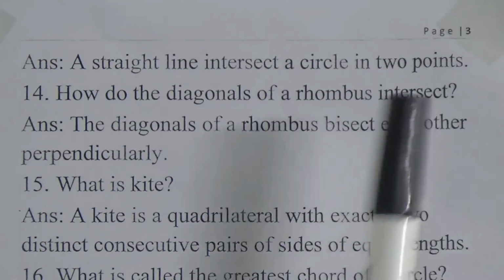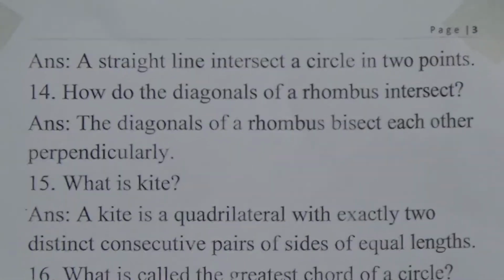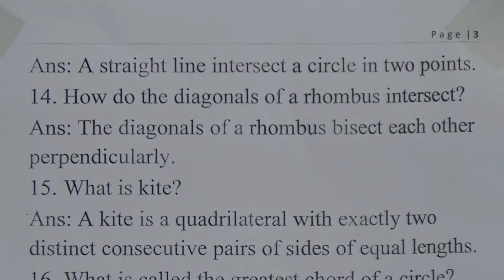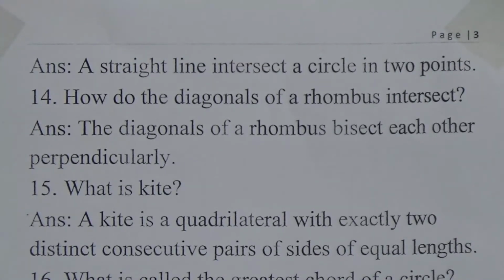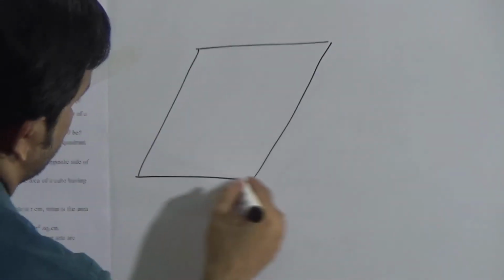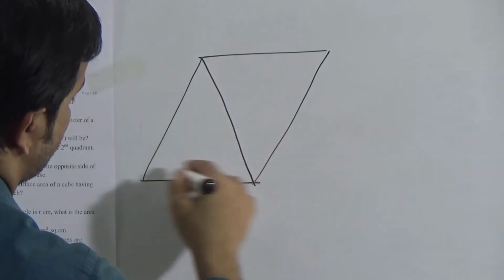Now question 14. How do the diagonals of a rhombus intersect? It means that we have to say how the diagonals of a rhombus intersect. Suppose this is a rhombus.